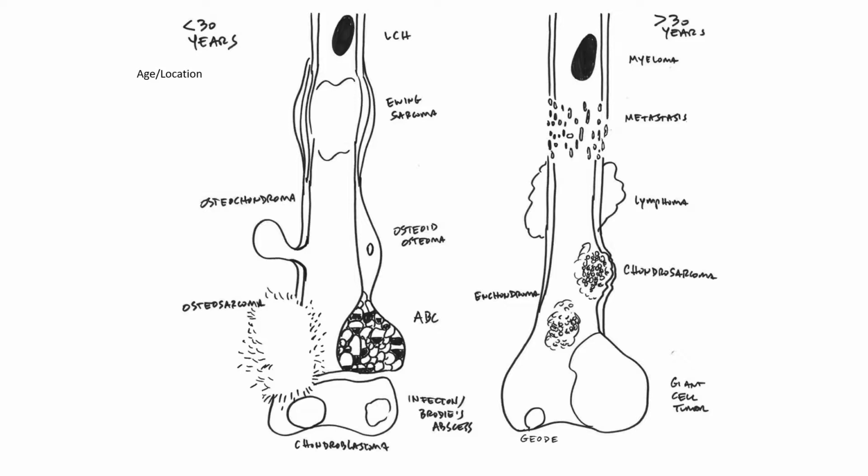Small round blue cell tumor correlates, Ewing sarcoma and lymphoma. In a patient less than 30, you're more likely to see Ewing sarcoma. And the young bone with its exuberant periosteum responds differently to this small round blue cell tumor than it does to lymphoma. In a young patient with a very active periosteum, as the small round blue cell tumor makes its way out of the bone and those little small round blue cells swim out of the Haversian canal system, the periosteum is able to respond.